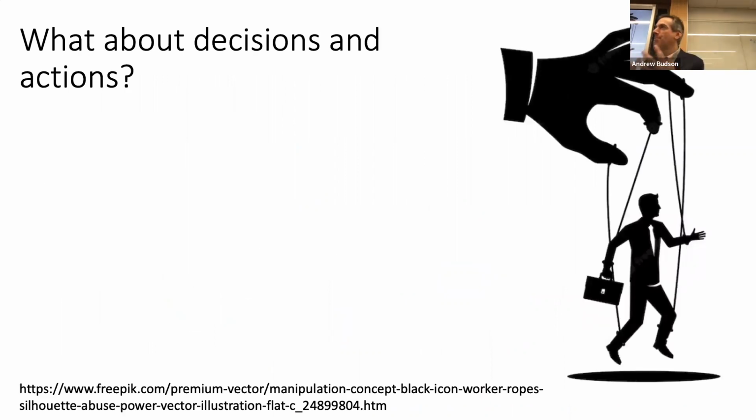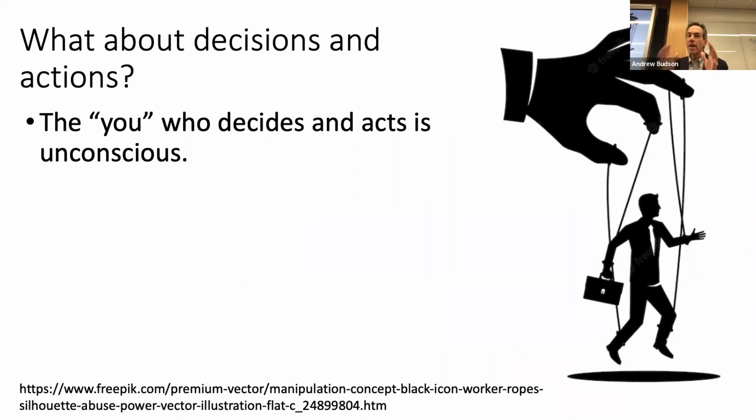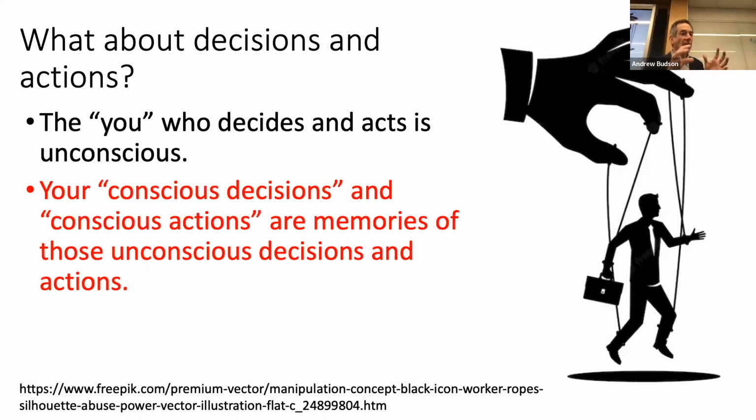Now, what about decisions and actions? So we argue that the you who decides and acts is actually unconscious. So your conscious decisions and conscious actions are actually memories of those unconscious decisions and actions.